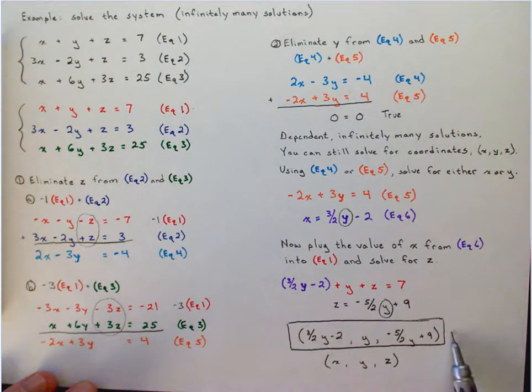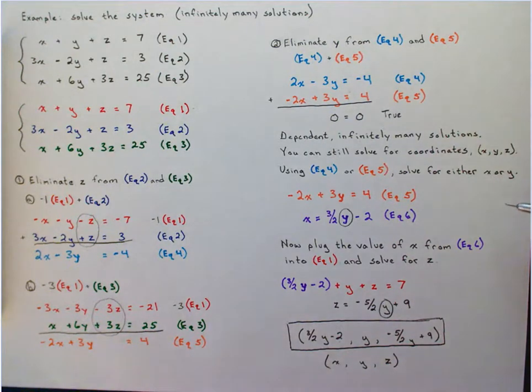In the example that I did, it just so happened that it was y. And then my other two variables are based off of the given value of y. This is solving system of equations in three variables and ending up with infinitely many solutions.